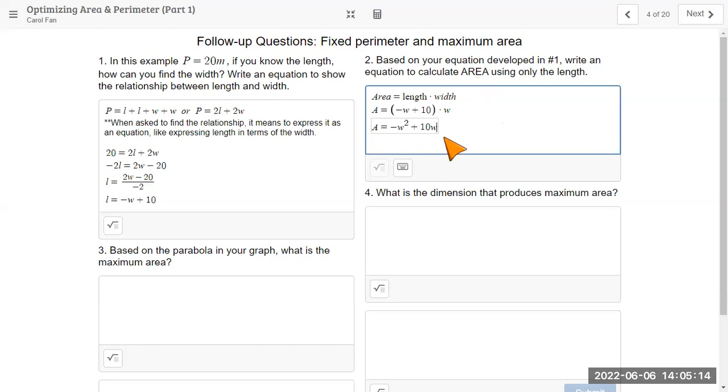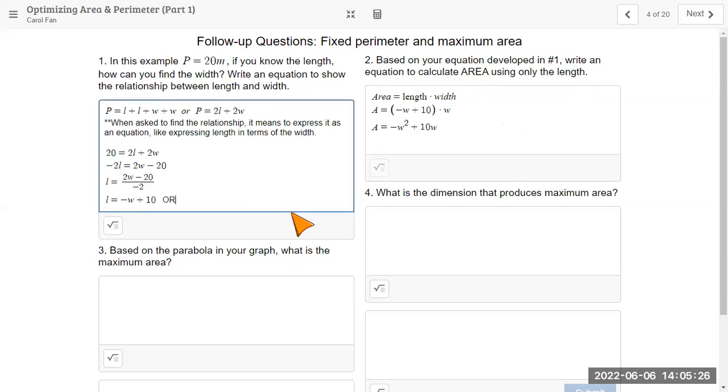I have area now, and I've only got one variable. I've expressed it in terms of width, but I could express this in terms of length as well. So let's say I was doing it in length.